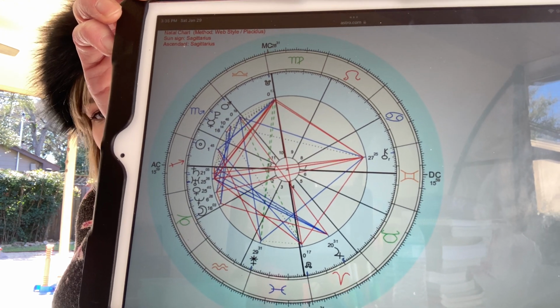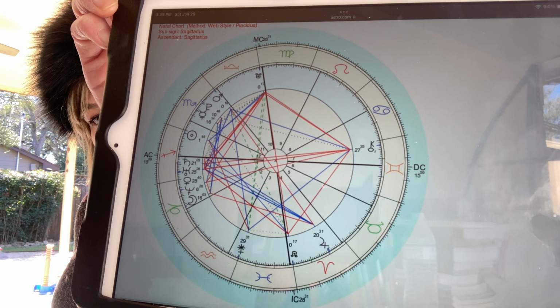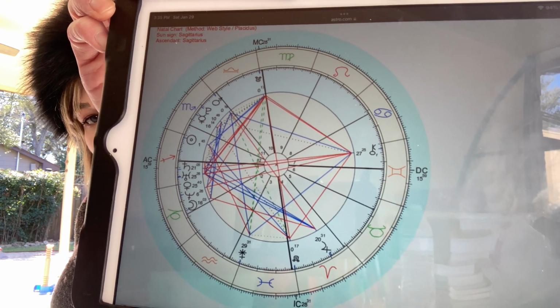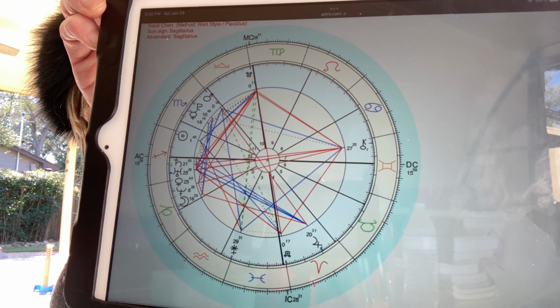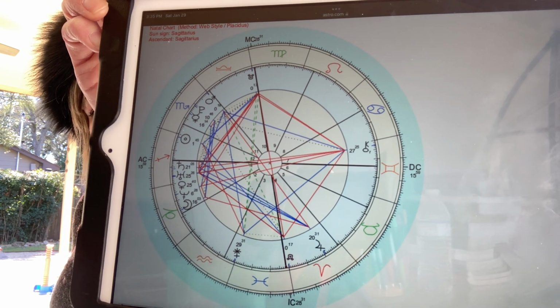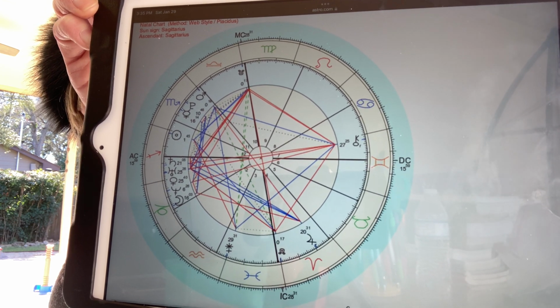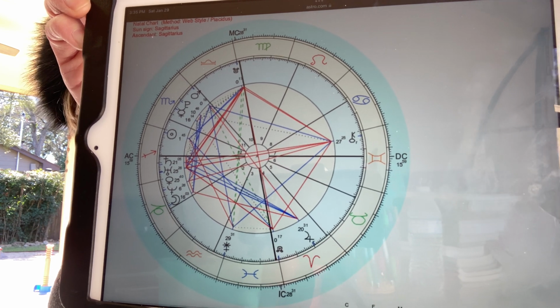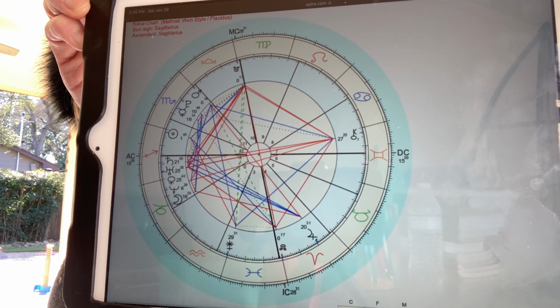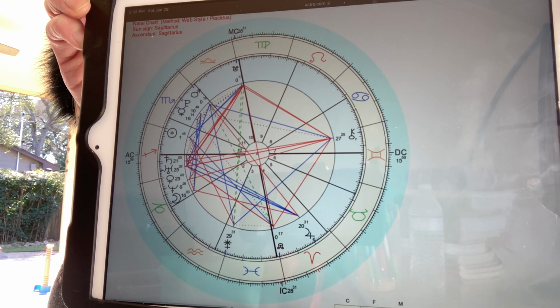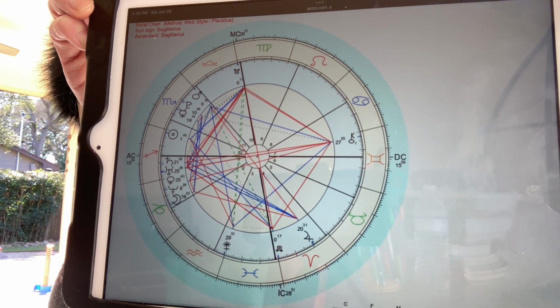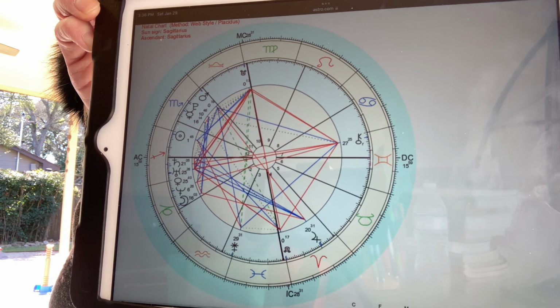Okay, so the planetary rulers of Pisces are Jupiter by traditional rulership and Neptune by modern rulership. Since my lot of necessity is in Pisces, and Jupiter is one sign over in Aries, that would be considered aversion.